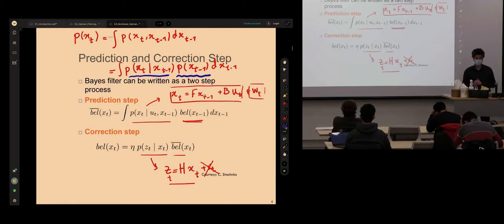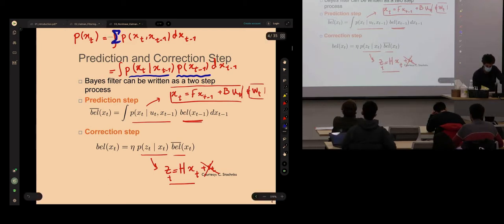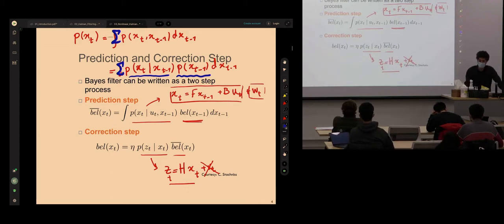Now, another question was, why do you write integral? What if it's discrete? That's not a problem. You can change this to sum, okay? It is still true. It's just when it's continuous, we're talking about densities. Gaussian distributions are continuous densities. If you're working with probability mass functions, those are discrete.